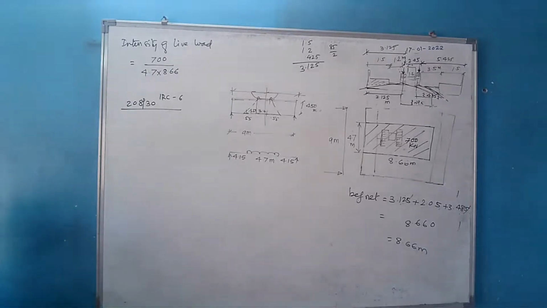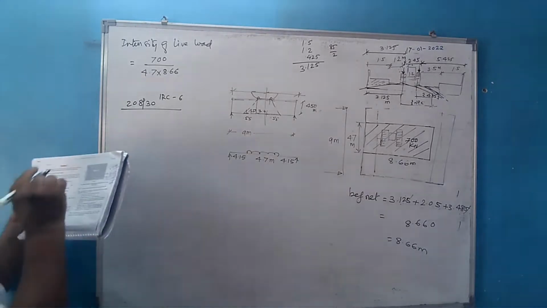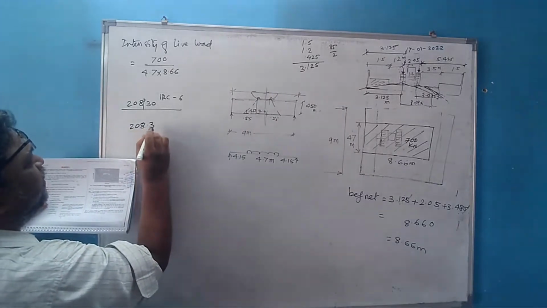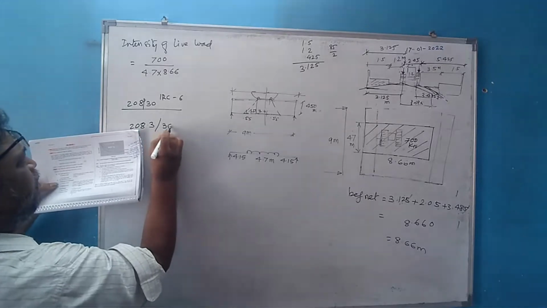What does this clause say? Provision for the impact or the dynamic action shall be made by an increment of the live load by an impact allowance expressed as a fraction or a percentage of the applied live load. 208.2 is for class A or class B loading. Here also there are different clauses. But we are not talking about class A and class B loading right now. We are talking about IRC class A tracked vehicle. Then below that comes 208.3 for class A loading and class 7TR loading. Right, now we have to refer to this, 208.3 on page number 30 of the code.